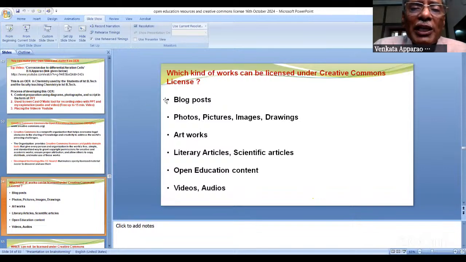Blog posts can be licensed, photos, pictures, images, drawings can be licensed, artworks can be licensed, literary articles, scientific articles can be licensed, open education content can be licensed, videos and audios can be licensed. All these can be licensed under Creative Commons license.